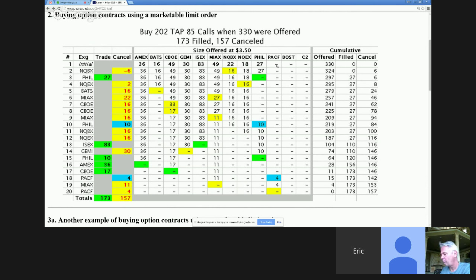Pacific or ARCA didn't participate, neither did NASDAQ or Boston, and neither did C2. And when we look to see who canceled, we find this is where the order got filled. He got 27 on Philly. But before that, we see 6 get canceled from this exchange, and then all the way down, these are all getting canceled out.